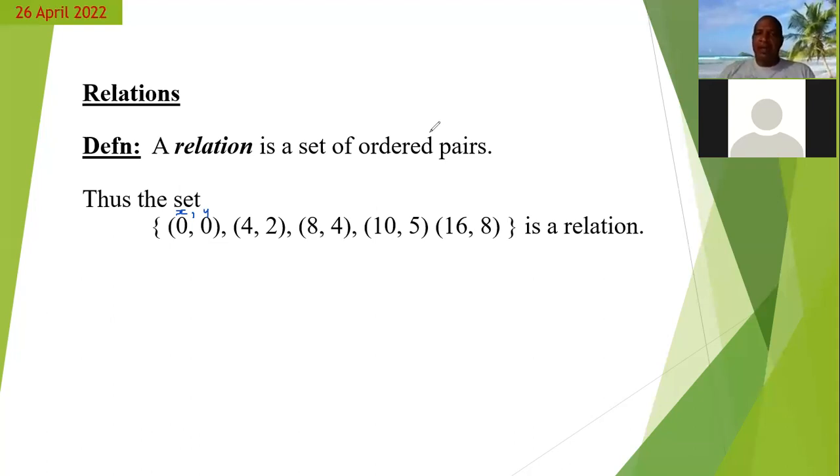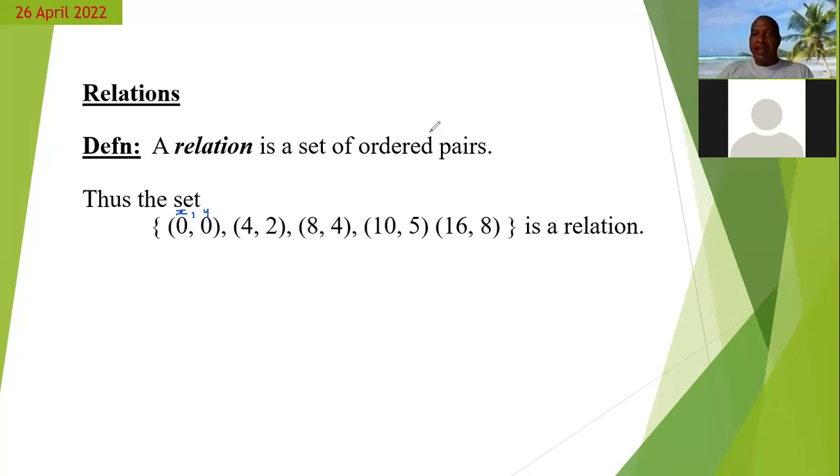The x value would be what we refer to as the independent value, but the y value would be the dependent value. So it means that the y value would be dependent on the x value. So if you put that x value into an equation, then what will come out as your output would be your y value. And so that's a relation.